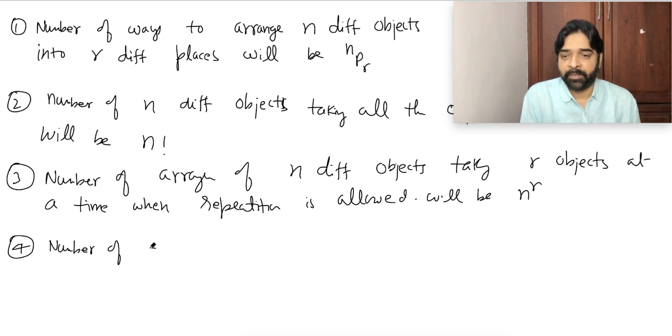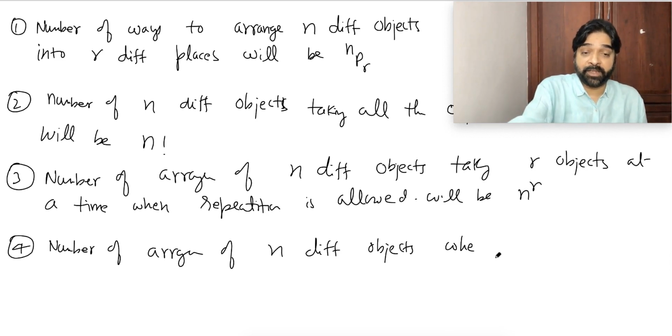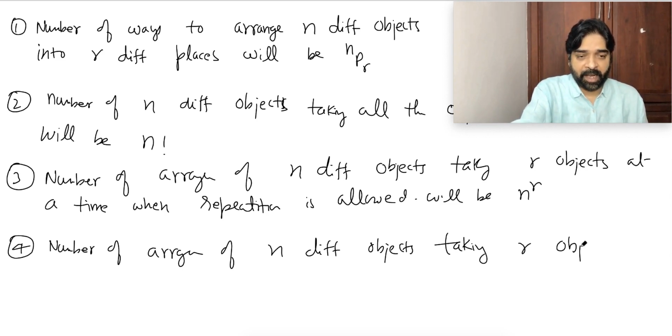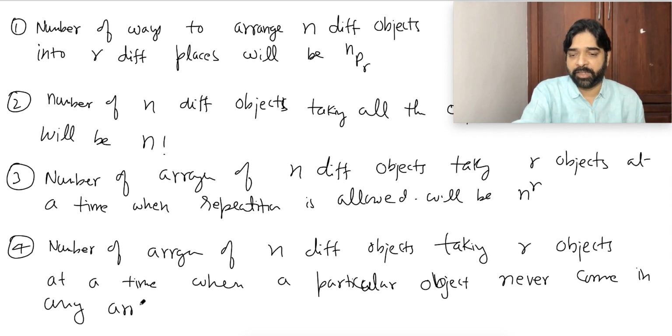Number of arrangements of n different objects taking r objects at a time, when a particular object never comes in any arrangement.